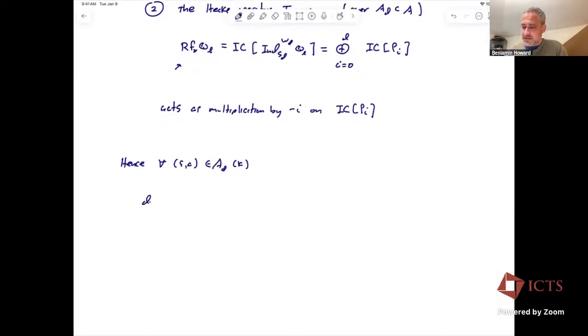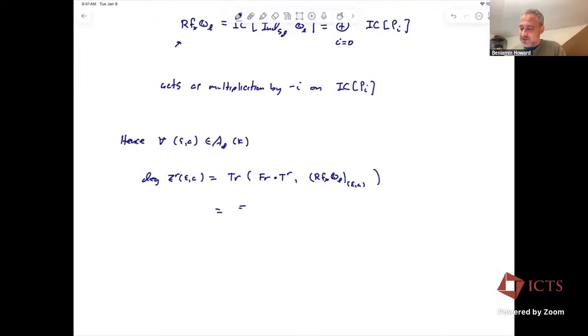So the degree of this zero cycle is the trace of Frobenius composed with R copies of the endomorphism T acting on the higher direct image of the constant sheaf under the Hitchin map, which we have decomposed into a sum of subsheaves.